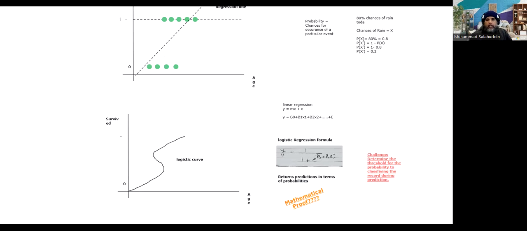So you can see that we now have a curve, because like I mentioned, it's not going to be a linear function anymore. It's going to be based on the probabilistic derivation, or based on the probability. And you can see we have derived it.